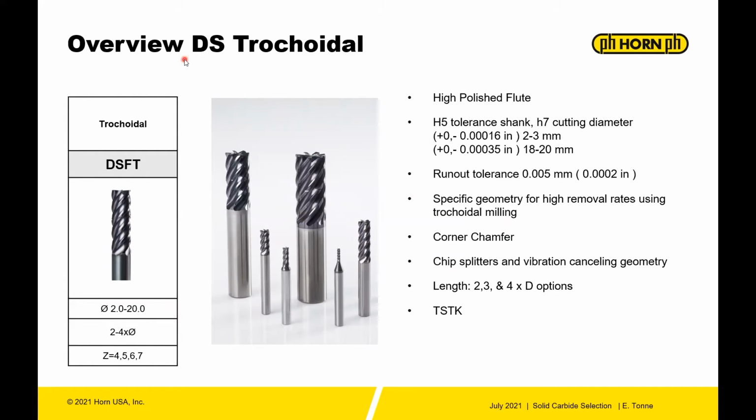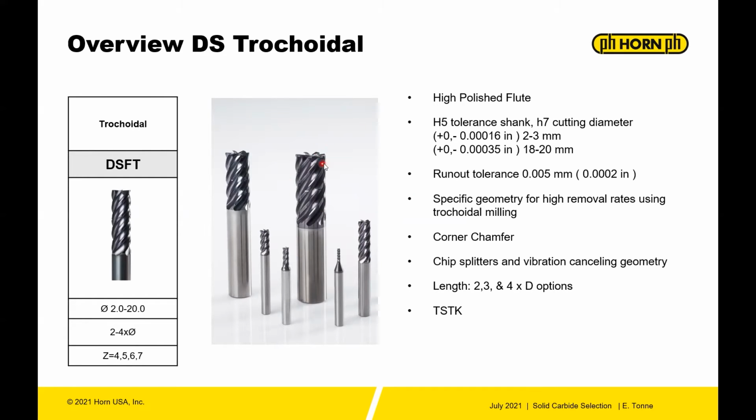You also have a DS line for trochoidal milling. If you're not familiar, trochoidal milling is the basic concept of just taking little bites out of the material, reducing the cross section of the chip to a very, very small area, and not wrapping the tool.